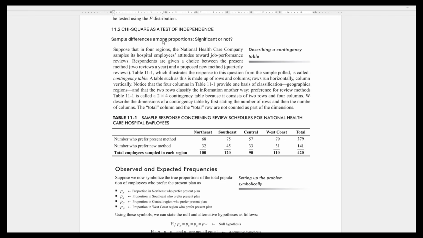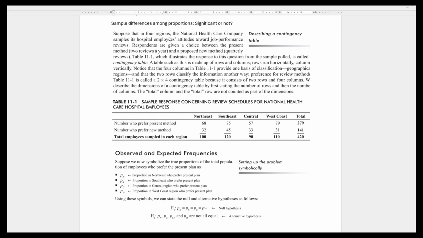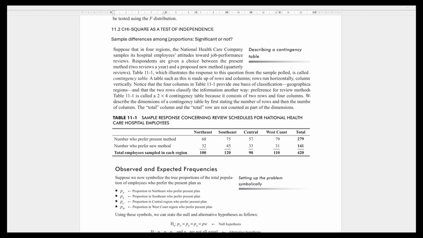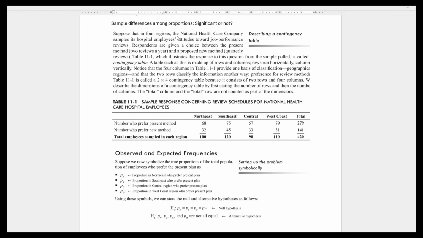To understand this in more detail, we will take this example and try to understand how to apply the chi-square test. Suppose that in four regions, the National Health Care Company samples its hospitals' employees' attitude towards job performance reviews. They have offices in Northeast, Southeast, Central and West Coast, and they have sampled employees there.